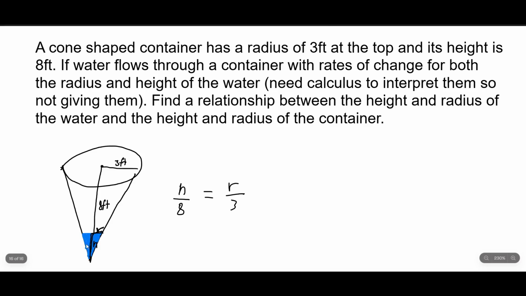There's this big triangle here, in red, and then a smaller triangle inside that same vessel. So the ratio of the height of the water to the height of the container is the same as the ratio of the radius of the water to the radius of the container. This is the relationship I was looking for.